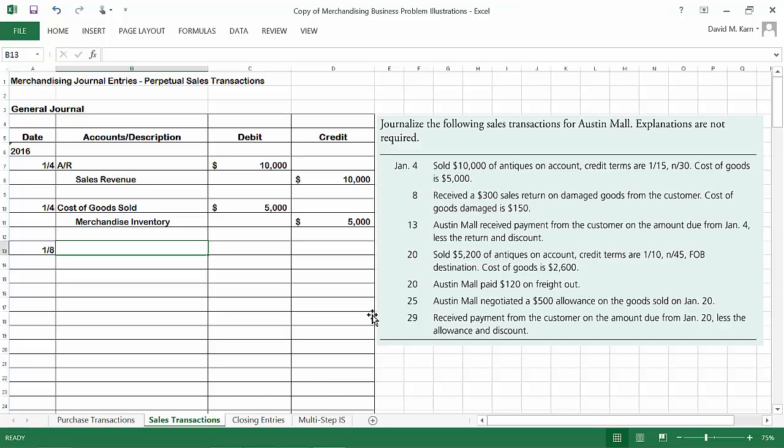So in this case, we will use our contra revenue account, sales returns and allowances, for $300. And we have to credit and reduce the amount that they owe to us, accounts receivable.